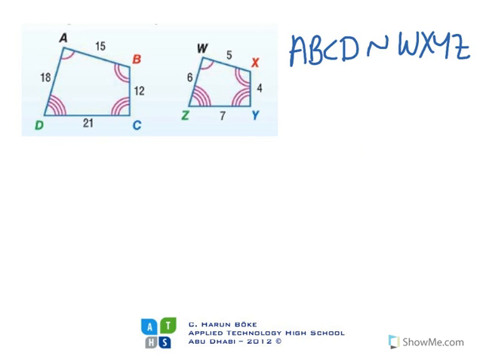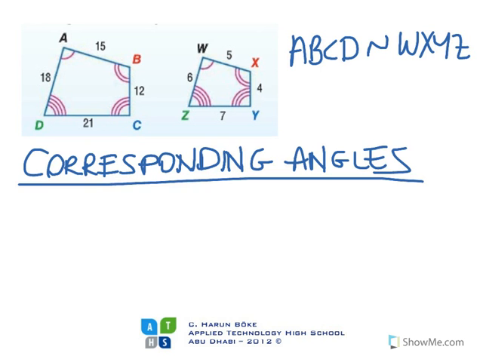Now, in these figures there are corresponding angles and corresponding sides. The corresponding angles are the angles which have the same measure in both quadrilaterals. For example, here the angle A is the same as the angle W. They are corresponding angles.